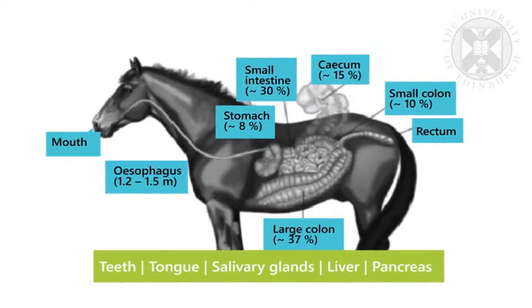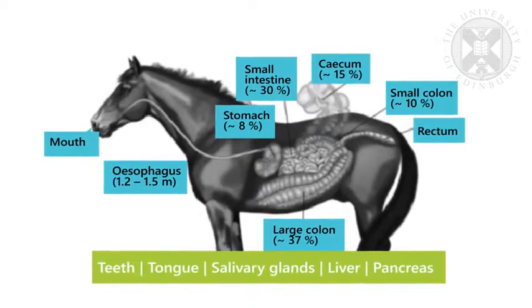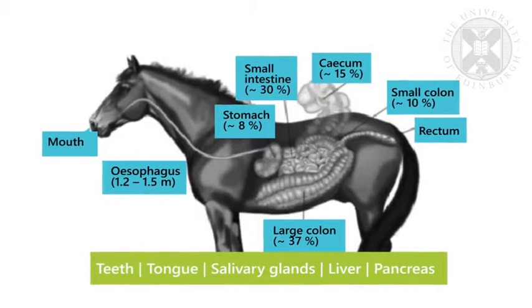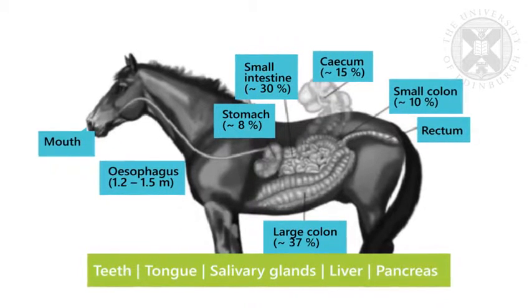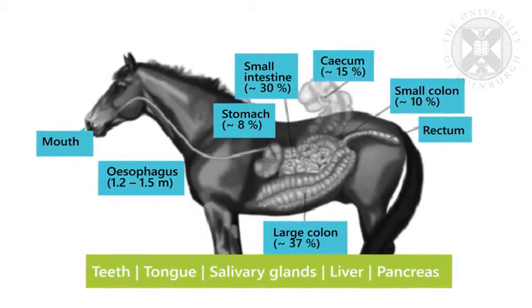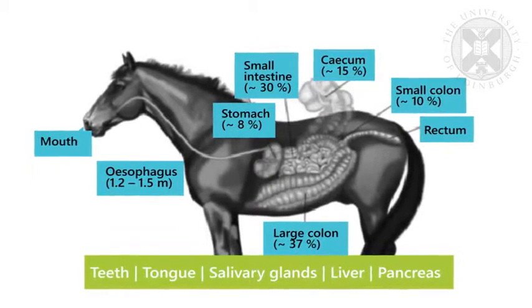The gastrointestinal tract of the horse is approximately 30 metres long in a mature adult horse, with a total volume of around 200 litres. It changes in diameter throughout the various sections, and is also lined with mucous membranes.